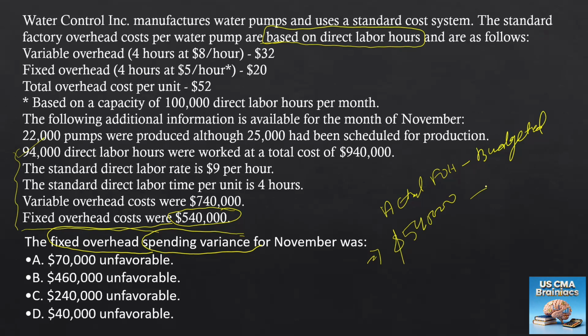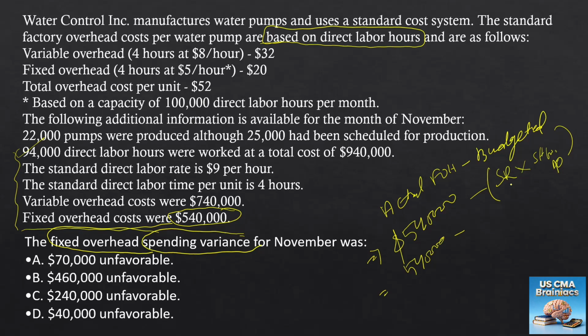To find the budgeted, we look at the fixed overhead: standard rate times direct labor hours per actual output. So the formula is 540,000 minus standard rate times hours.